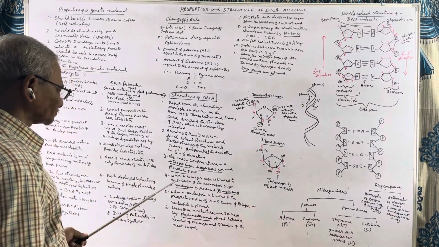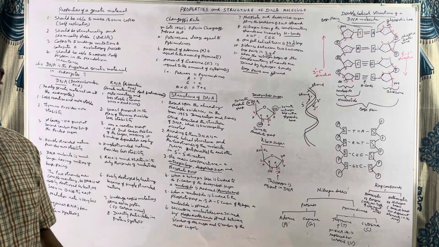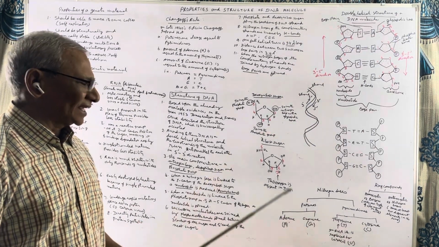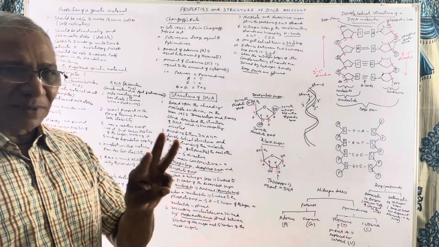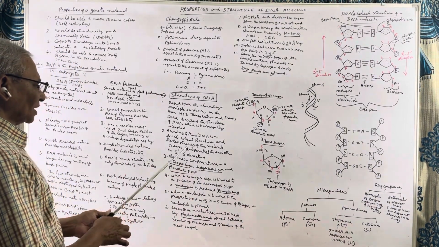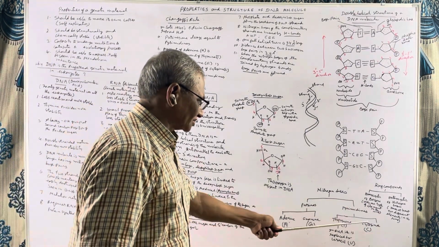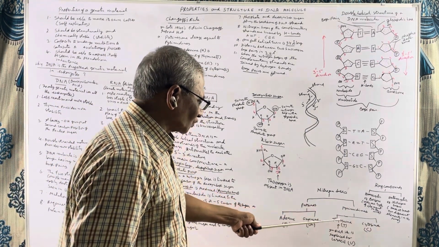Then, what are the components of DNA? A DNA has three main components. They are a nitrogen base. So these are nitrogen bases. Any one of the four will be present.